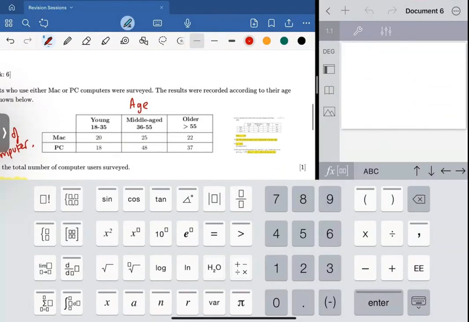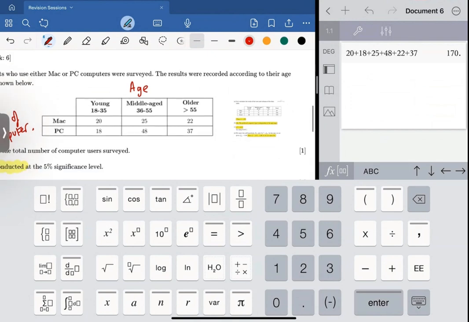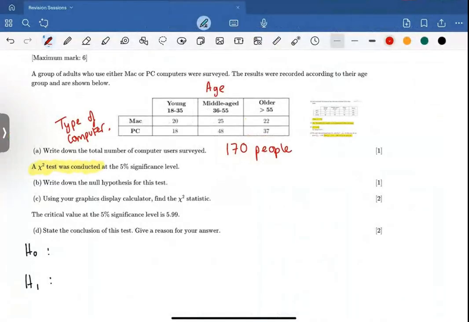We've got 20 plus 18 plus 25 plus 48, 22 and 37. So in total, 170 people were surveyed. We don't necessarily need to show any working out for that because it's just worth that 1 mark.